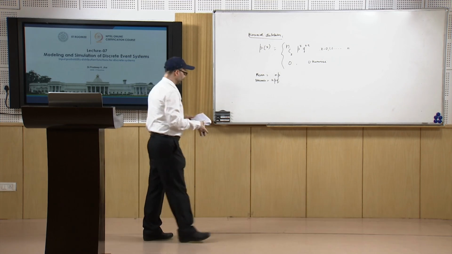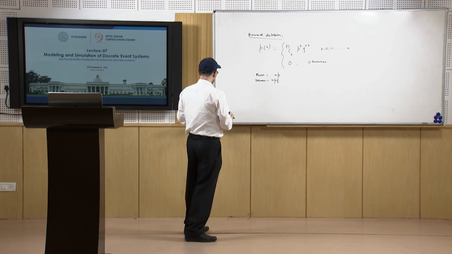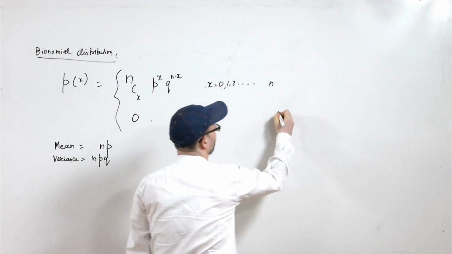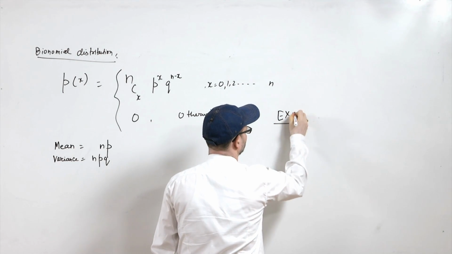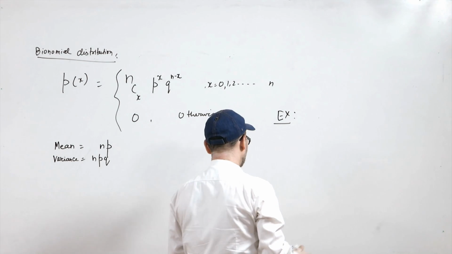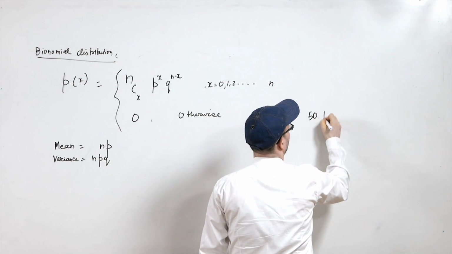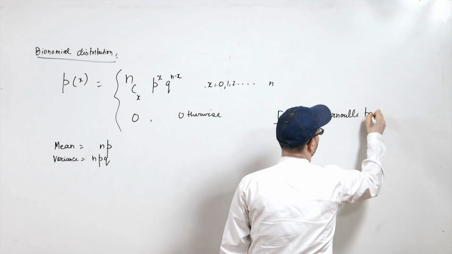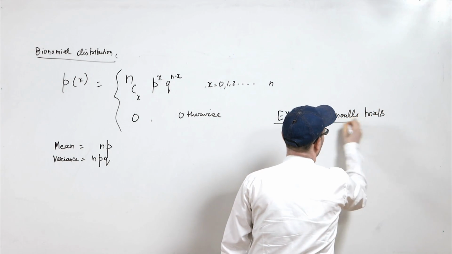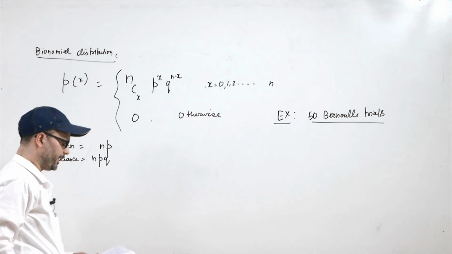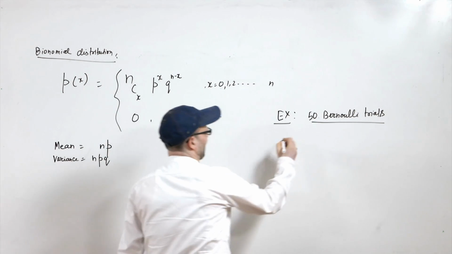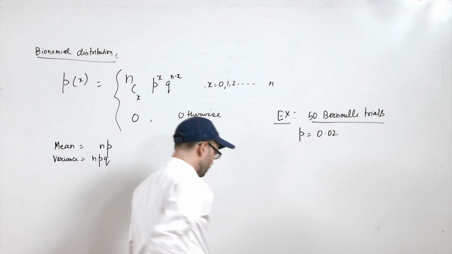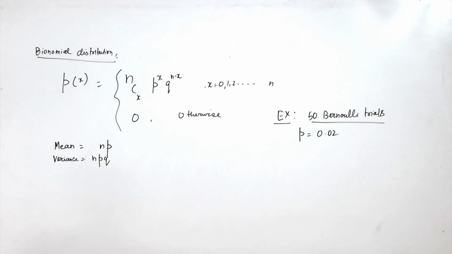So, if you look at this example, you have 50 Bernoulli trials. Here p is 0.02, so q will be 0.98.